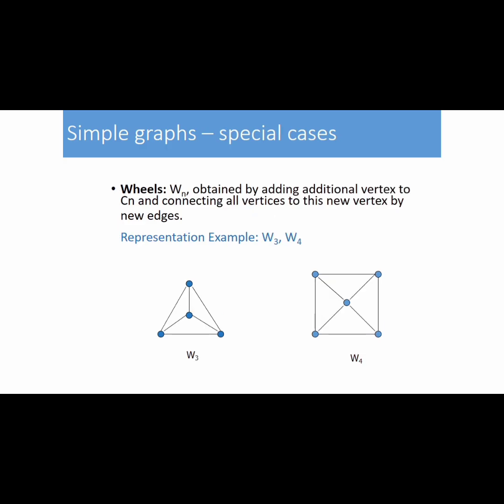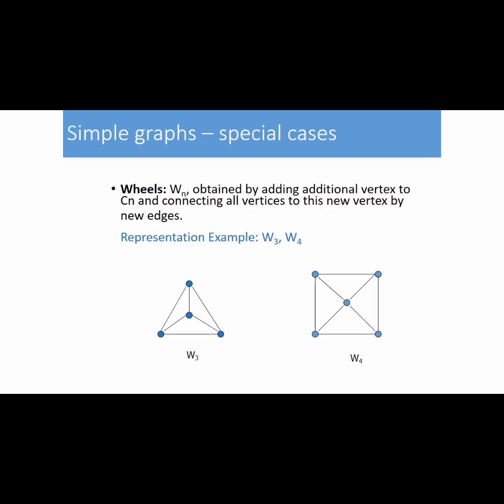Next, the wheels. Wn is obtained by adding an additional vertex to Cn. We know that Cn is a cycle graph, and we connect all the vertices to this new vertex by new edges. Let us see the example W3. Without the center vertex, the 3 vertices form the Cn graph. Cn means cycle graph. Now we add one new vertex at the center point and connect it to all the vertices of Cn, so the center vertex is connected by 3 new edges.